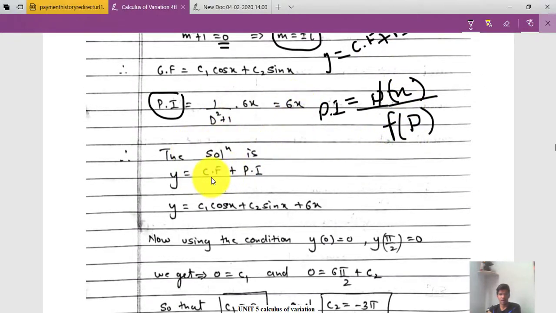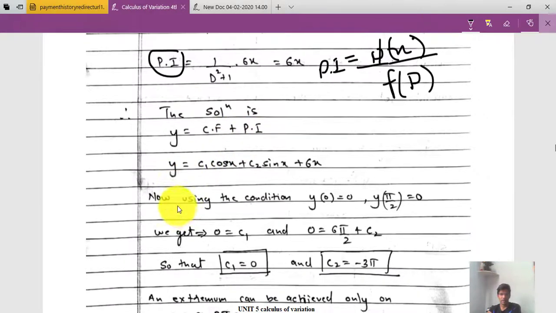Therefore the solution is CF plus PI: y equals c1 cos x plus c2 sin x, that is your CF, plus 6x. Now using the condition, this is the value of x, and y is equal to 0. In this equation, if I substitute x equal to 0 and y equal to 0, cos 0 is 1, sin 0 is 0, 6x is 0, so it becomes c1 is equal to 0, right?